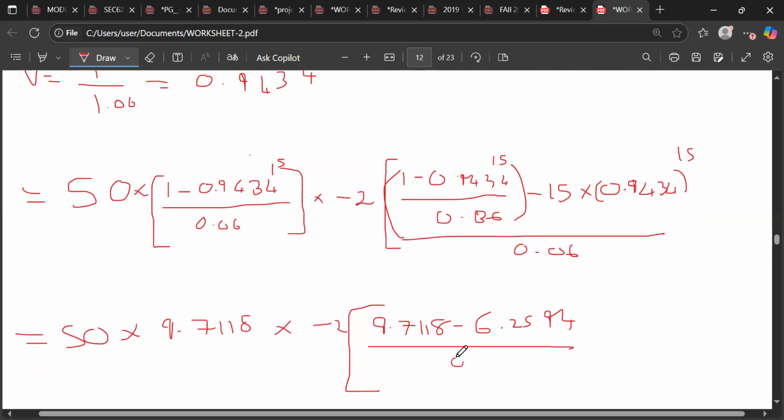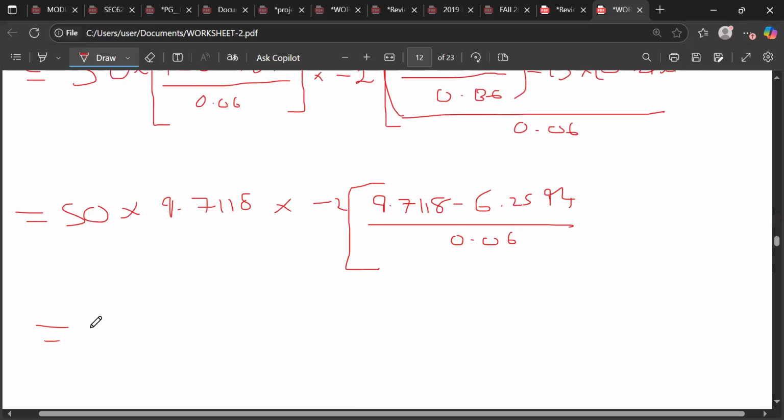All this over 0.06. So I'm now saying 50 times 9.7118 minus 6.2594 divided by 0.06.